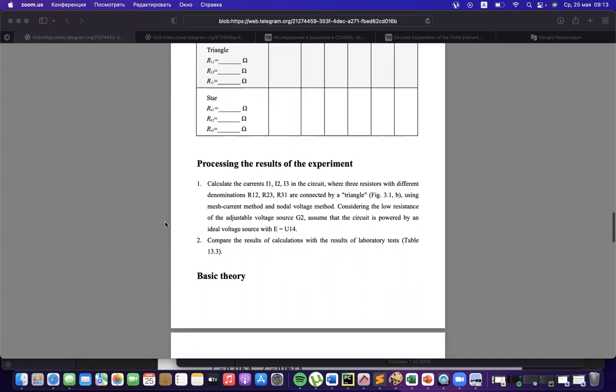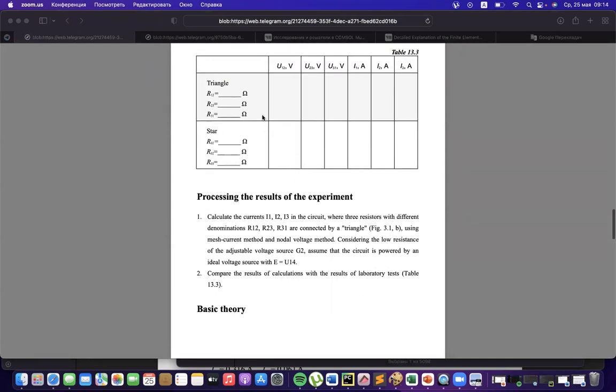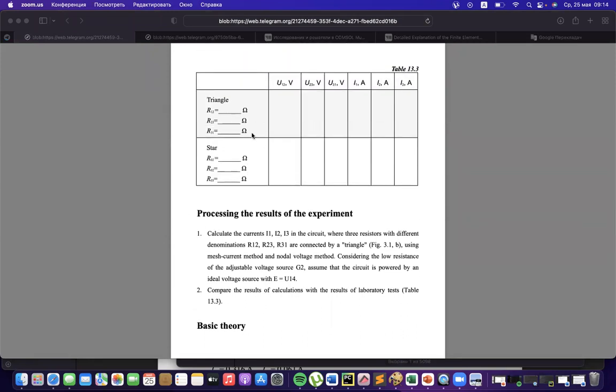You should fulfill this table. Here it is. It means that you are pointing your initial data about the triangle.